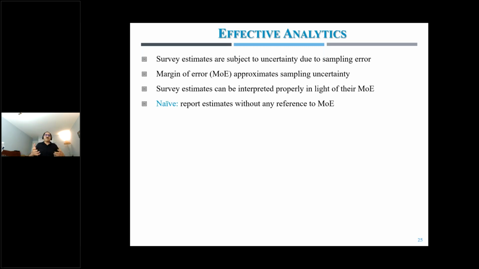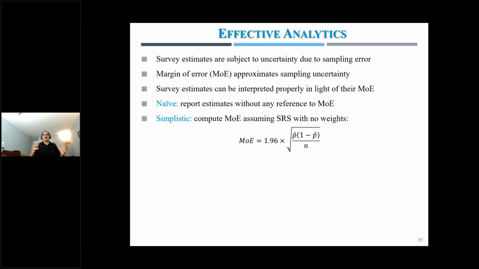In terms of methodologies that are available for estimating error margins on the commercial side, sometimes researchers don't even bother reporting error margin and simply produce point estimates and make inferences without any reference to the uncertainty of that point estimate. A somewhat refined but still simplistic approach is to assume that the sample is selected in a simple random fashion and no weights are applied.